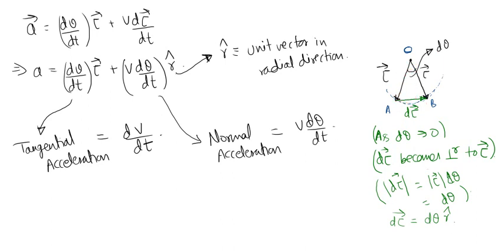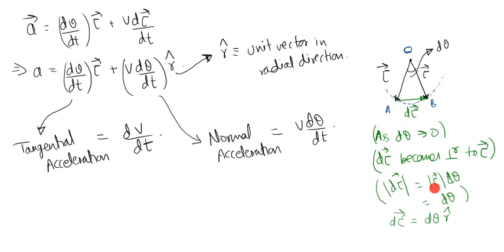So as d theta tends towards 0, the d tau vector becomes perpendicular to tau, and the magnitude of the d tau vector becomes closer and closer to d theta.